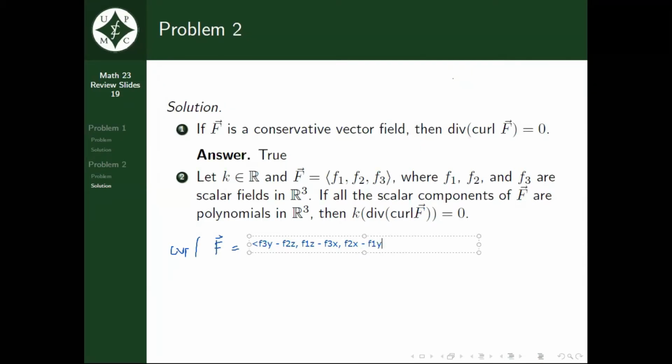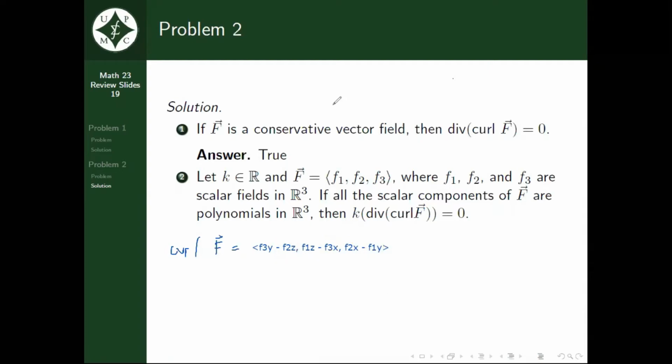So that is the partial derivative of F3 with respect to y, the partial derivative of F2 with respect to z, and then similar reasoning for the rest. So this is the curl. Now, since they are polynomials, each of these derivatives exists. So we have no problem.